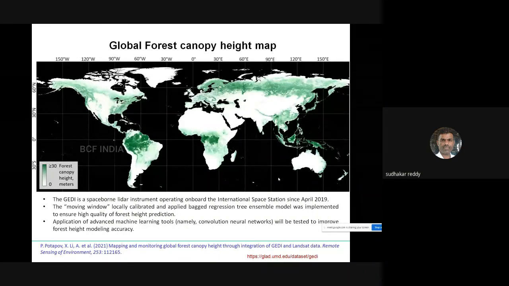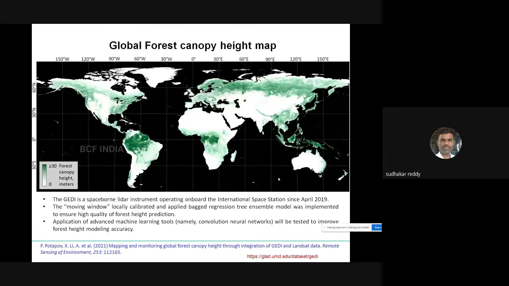And the recent publication, which is available in Remote Sensing of Environment, also provides open access data for download. So they have prepared the forest canopy height map at 30-meter resolution. Whoever is interested can make use of this forest canopy height map.